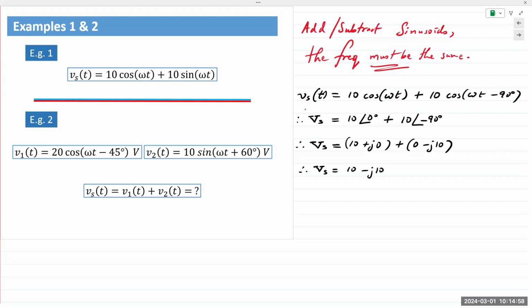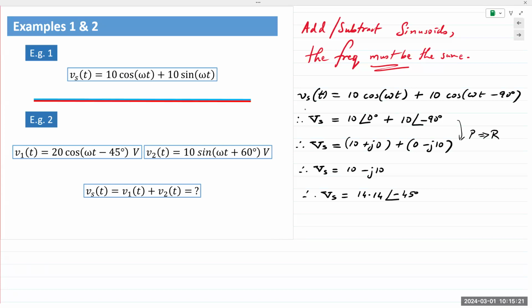So I'm going from polar to rectangular conversion here, and then perform the addition, and then I get 14.14 with a phase angle of minus 45.